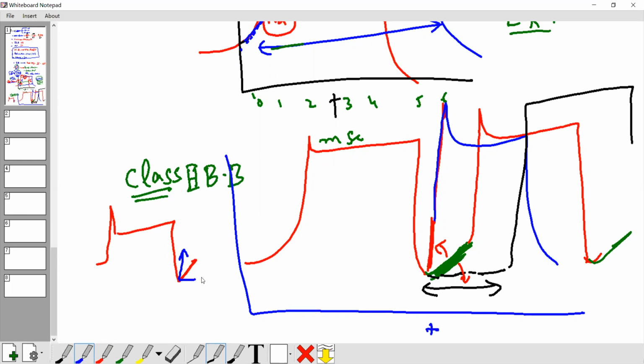If you move it down, you block it. This slope is your phase 4. Beta blockers act on phase 4. Understand?